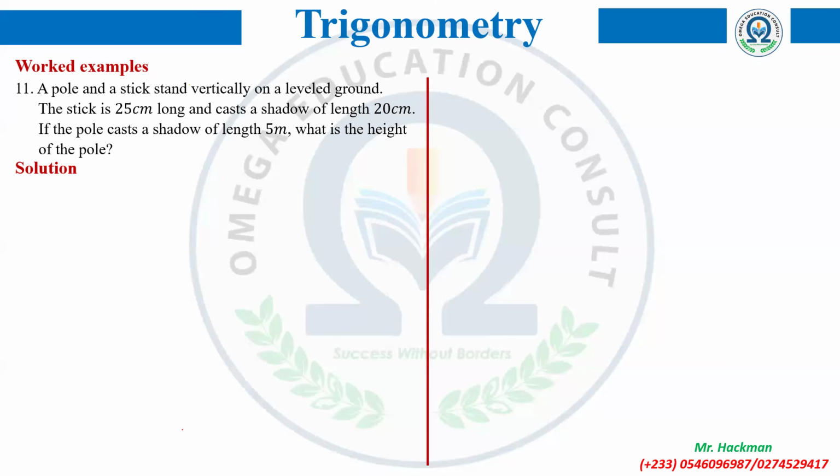So if you want to compare the length between the two verticals, the stick and the pole, we have to use the length of the shadow. Which one will be longer and which one will be shorter? Pole or stick?